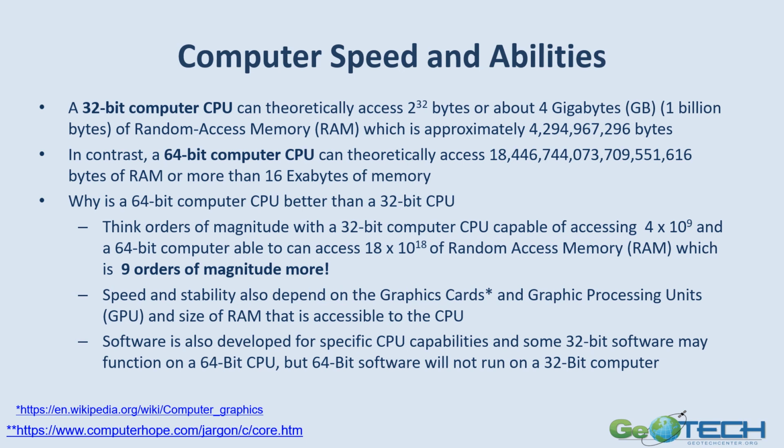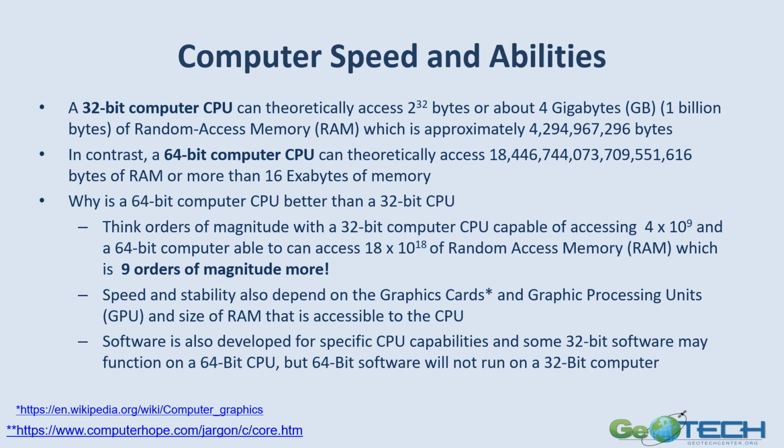A 32-bit computer CPU can theoretically access 2 to the 32nd bytes, or about 4 gigabytes, or a billion bytes of random access memory. And it's a very large number. In contrast, a 64-bit computer CPU can theoretically access, I can't even think of what digits these mean, but you can see the numbers there.